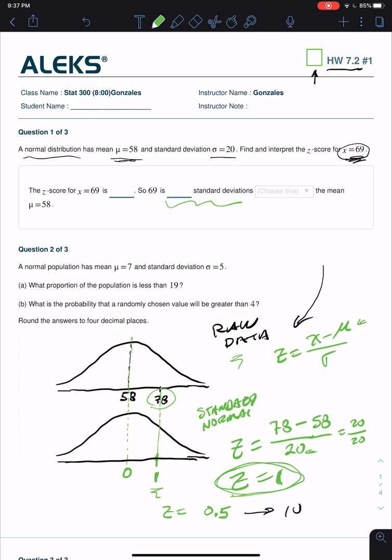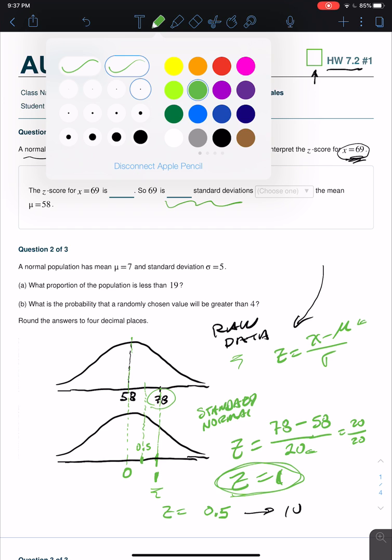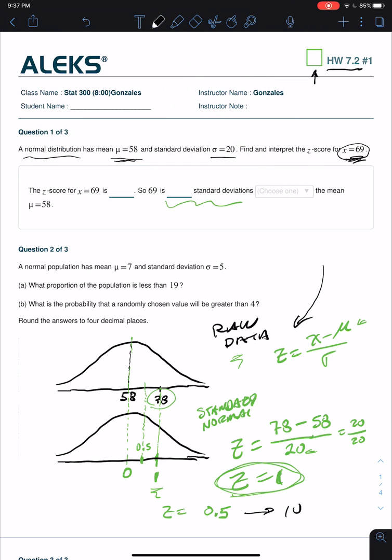Okay, so if we had a z-score that was a half, 0.5, what would that translate to with the raw data? Well, with the raw data, that is half of a standard deviation. If a standard deviation is 20, half of a standard deviation is 10.